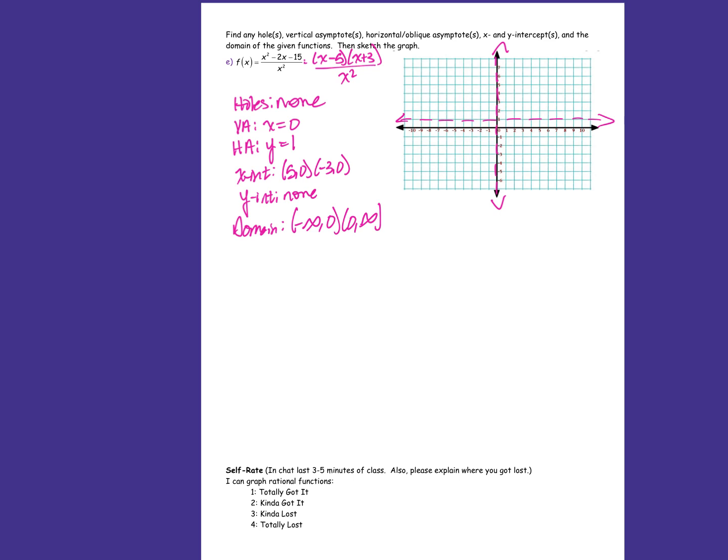And 5, 0, I've got an x-intercept, -3, 0, I've got an x-intercept. So this one looked like this. And like this. And that's what this graph looked like. Weird. But there you go.